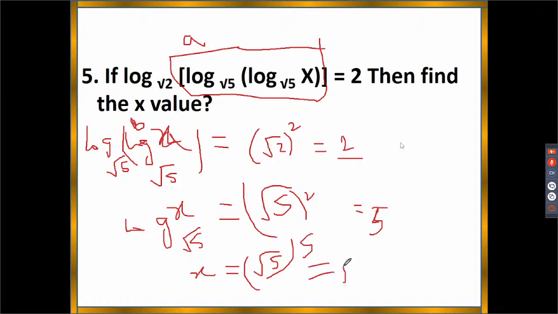So that is the final answer, but it can be written as per the options: root 5 whole square into root 5 into root 5.